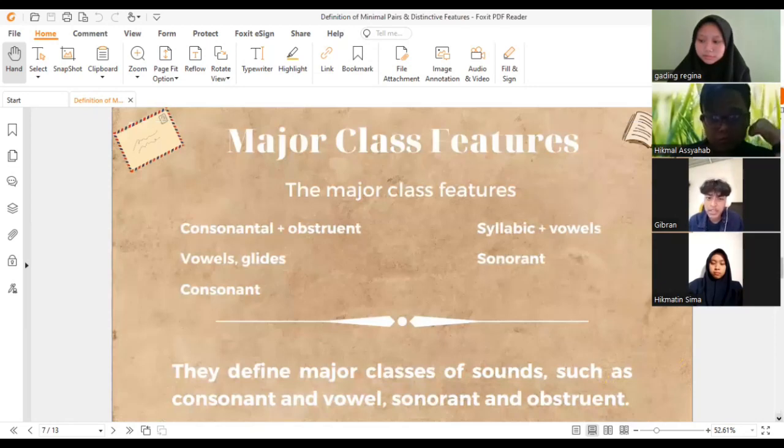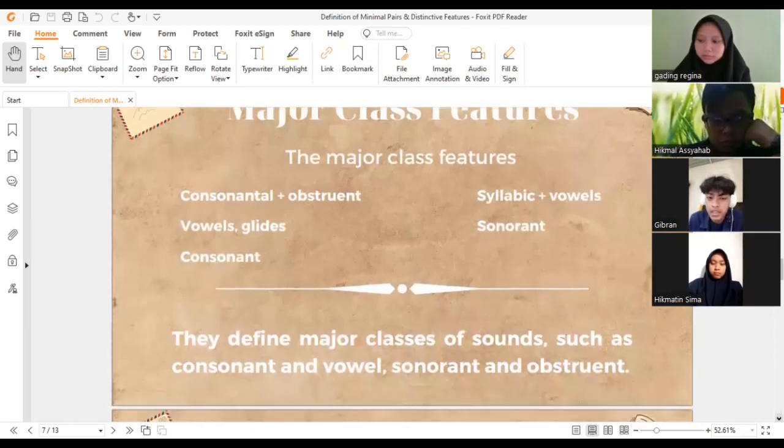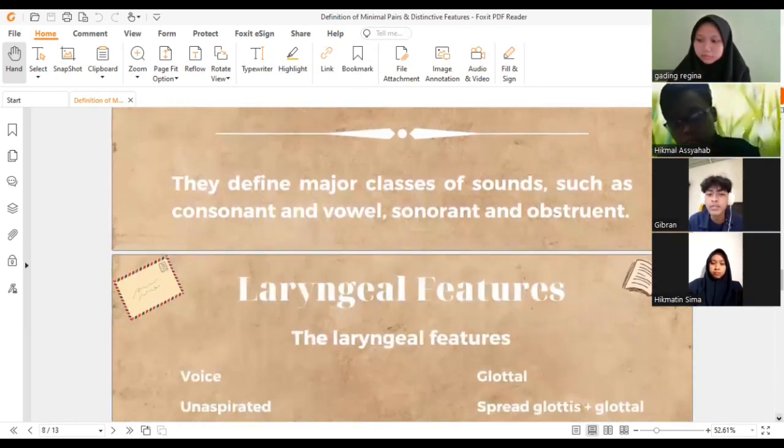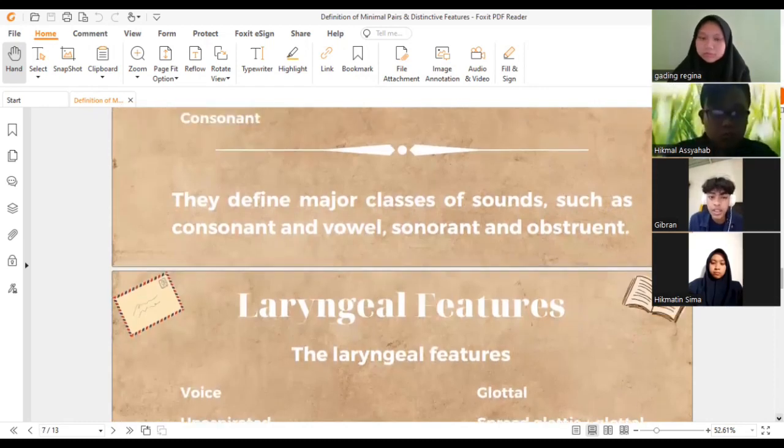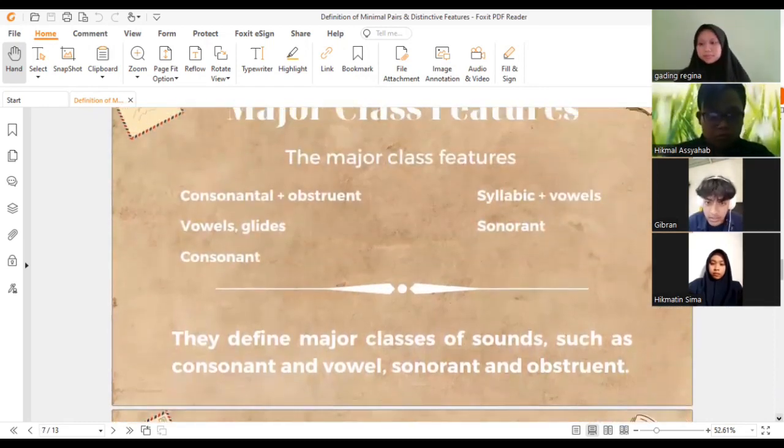The major class features of syllabic, consonantal, and sonorant define five major sound classes: vowels, syllabic nasals and liquids, non-syllabic nasals and liquids, obstruents, and glides or semivowels. Definitions of the major class features are as follows.